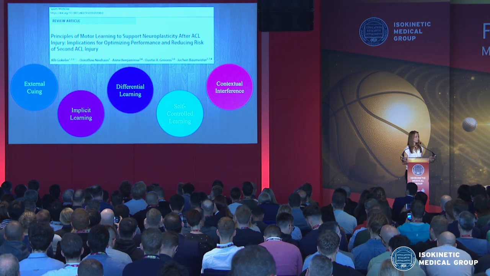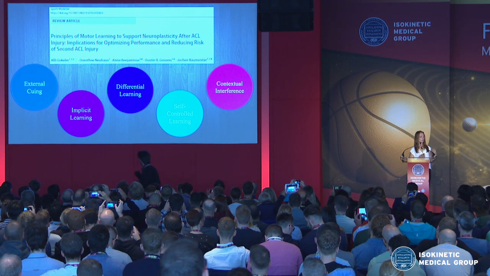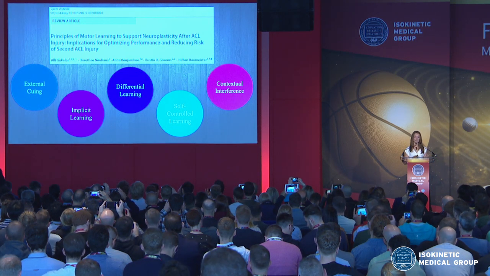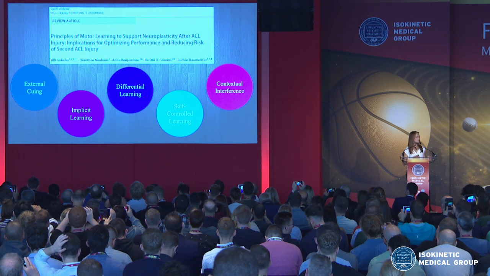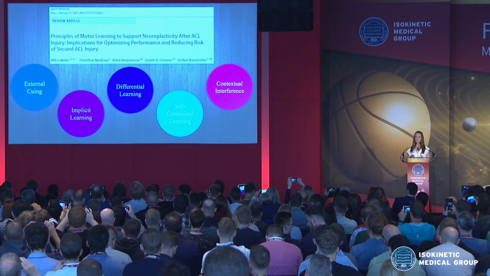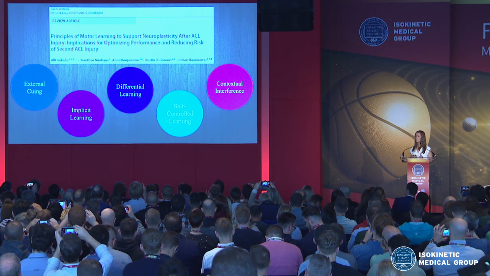There's a recent paper that came out just within the last month by Ali Gokeller and some of his colleagues, and it lays out some motor learning principles. Now they put it in the context of ACL rehab, but I would posit that it's actually applicable across rehab.